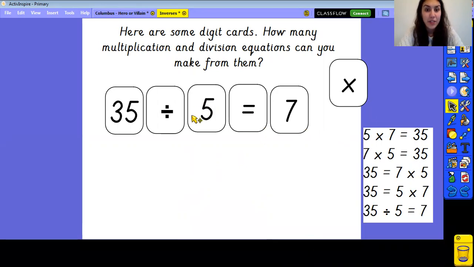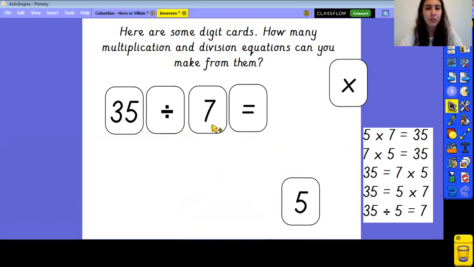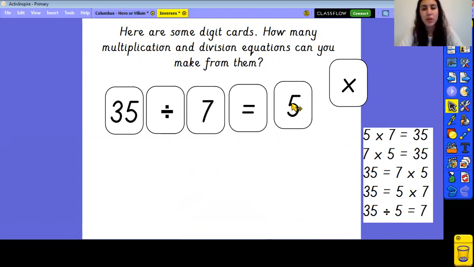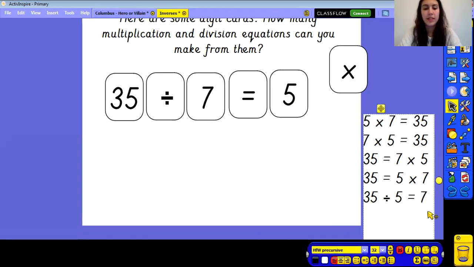But I did have the option to divide it, instead of dividing it into 5 groups, I could have divided it into 7 groups, and then that would give me 5. And that means 35 divided by 7 equals 5.